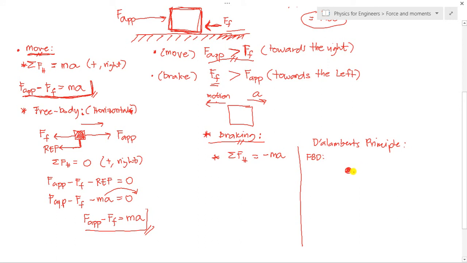So here, again we have the applied force, so this is F applied, and then of course the frictional force FF. And here, since we are braking, what is the direction of our reverse effective force or REF? Is it towards the left or towards the right?